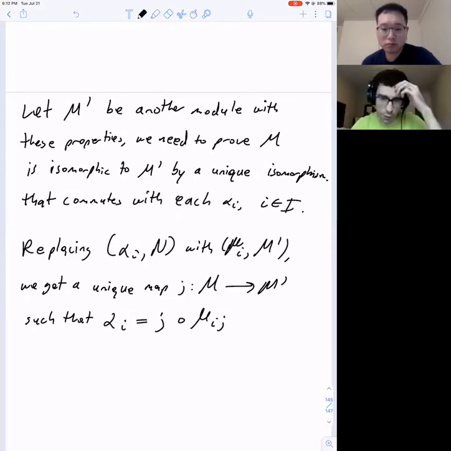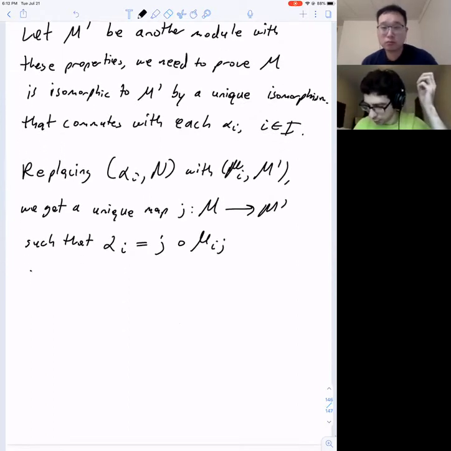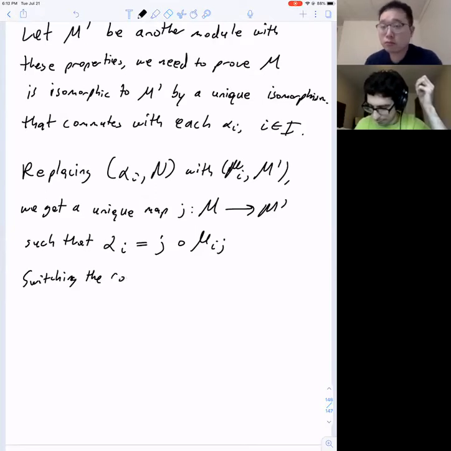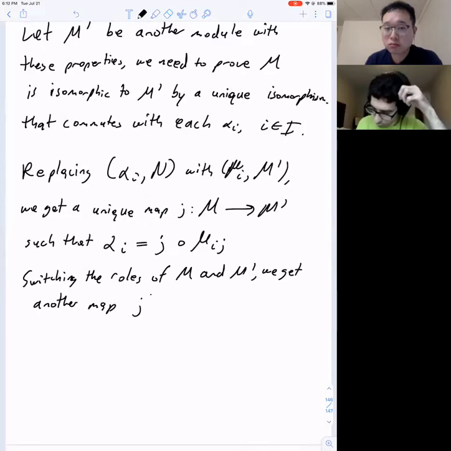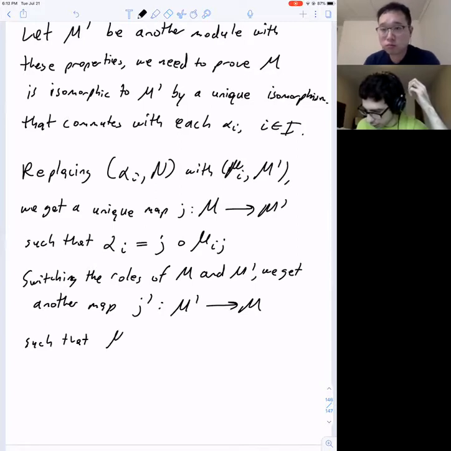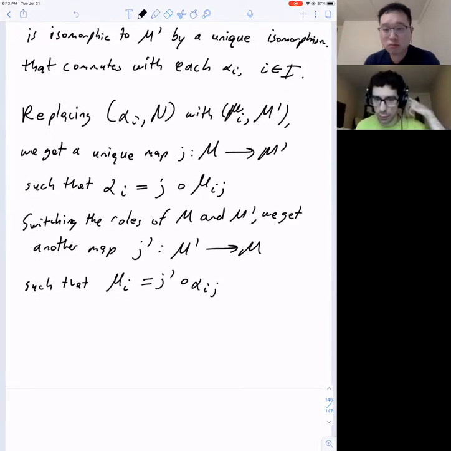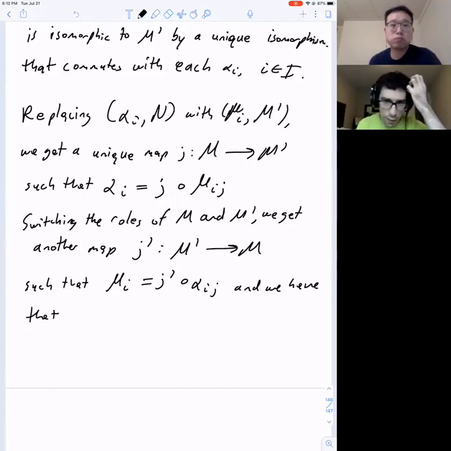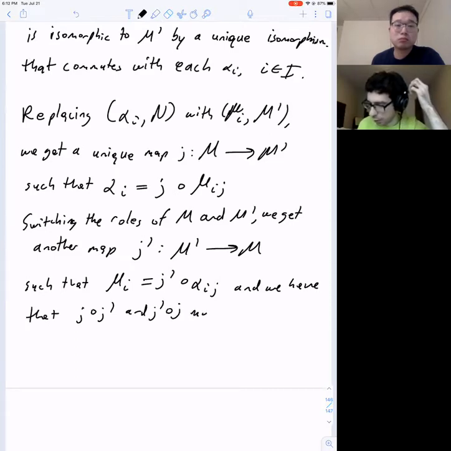And then if we switch the roles of M and M prime, we get the same thing, a map J prime such that mu_i is J prime of alpha_i, and we also have that J of J prime and J prime of J must be the identity.